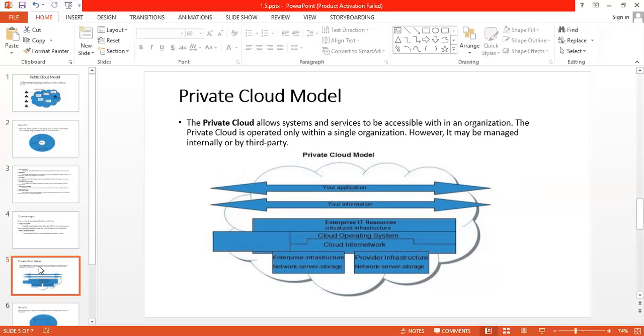So the basic working model of private cloud is, see, in this diagram they have given. First your application, that means the front end, and the back end consists of the database or the cloud where you have stored your data. Then your enterprise IT resources, virtualized infrastructure, and cloud operating system are there.